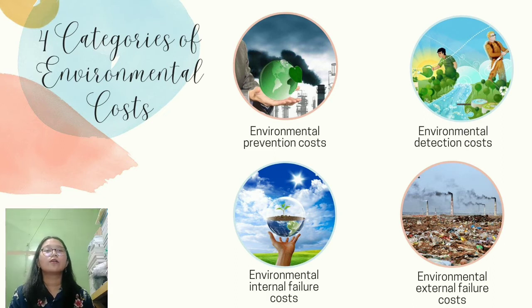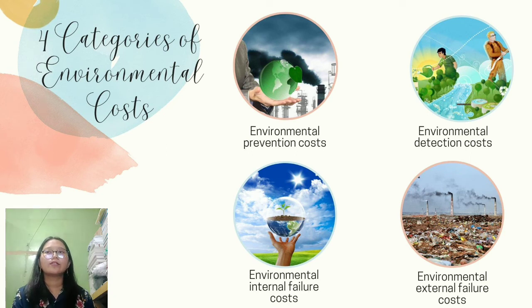Environmental prevention costs are the costs carried out to prevent the production of contaminants or waste that could damage the environment. Environmental detection costs are the costs executed to determine if the products, processes, and any other related activities in the firm are in compliance with environmental standards.